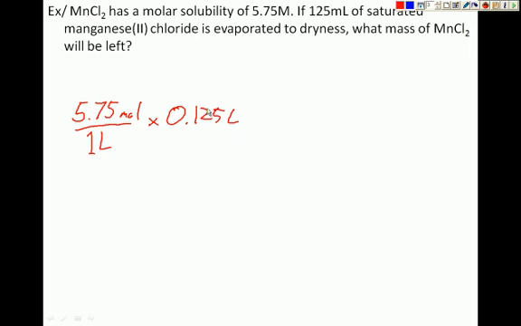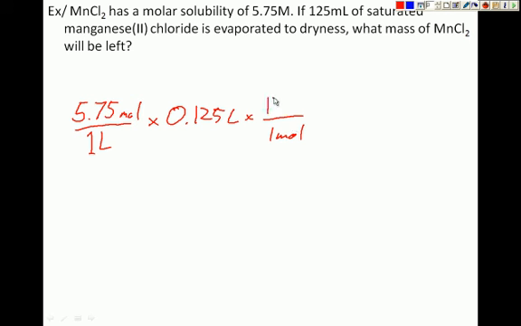Now what unit you have is moles of manganese 2 chloride. But we want to know what the mass is. So again, we're going to multiply this by our molar mass of manganese 2 chloride. And I've calculated the molar mass already, which happens to be 128.9.